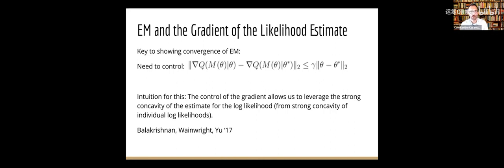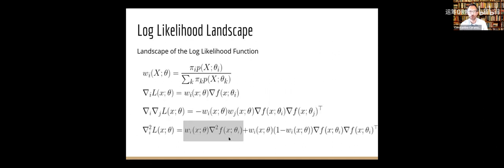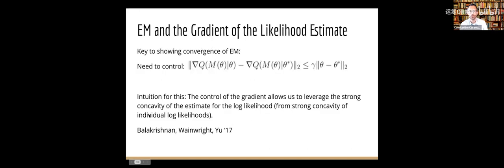I'm not going to go into the details of that portion here, but I just want to mention that we understand well what it means for the likelihood to be locally concave. That just means that this Hessian, built out of these blocks here, is itself negative definite. But the key for EM to converge is the control of this quantity.